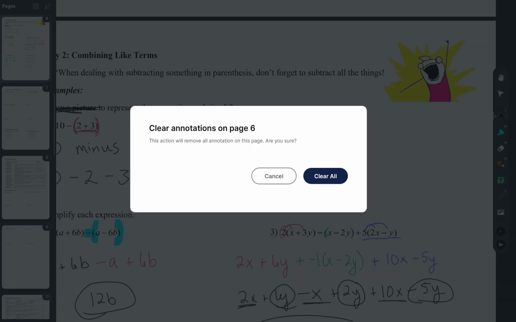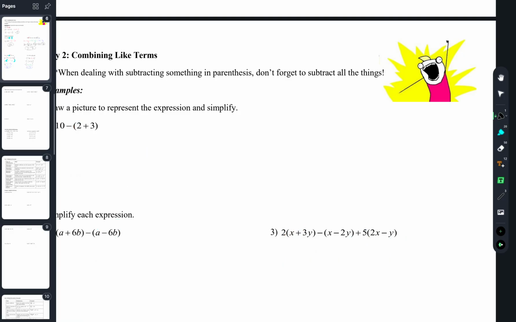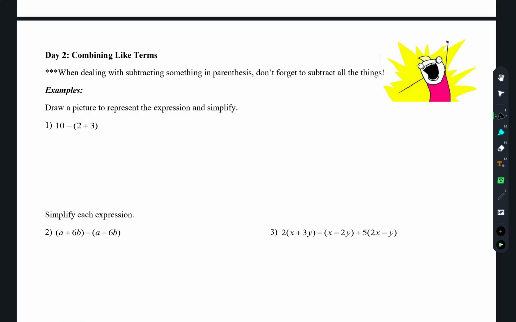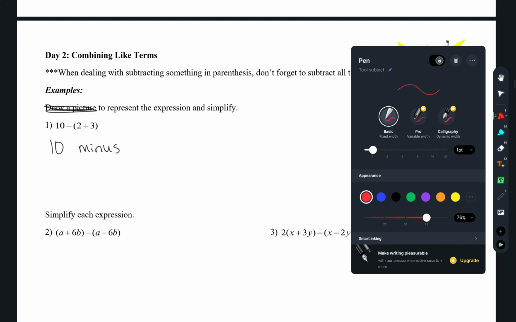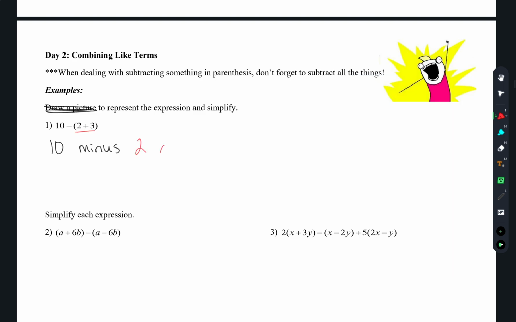Okay. What you should think about is if you think about it in words. So when you're doing this, it would be 10 minus, okay? But then what you're going to minus is 2 and 3. So what you're subtracting is both of those.